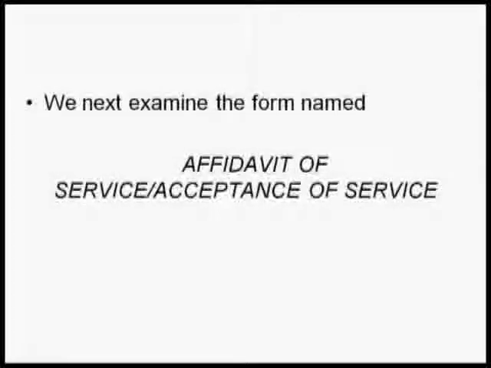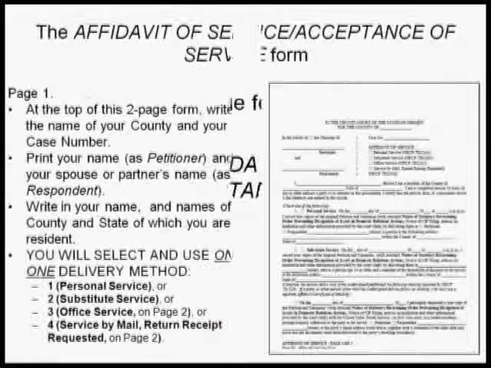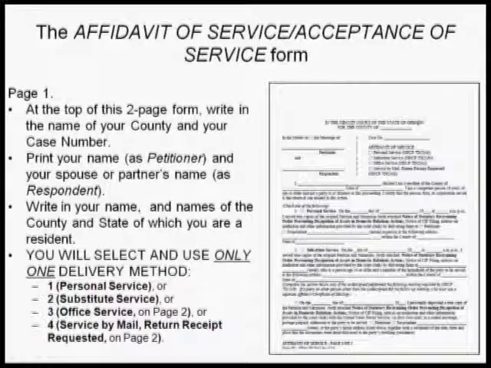We next examine the form named Affidavit of Service, Acceptance of Service. Page 1. At the top of this two-page form, write in the name of your county and your case number.